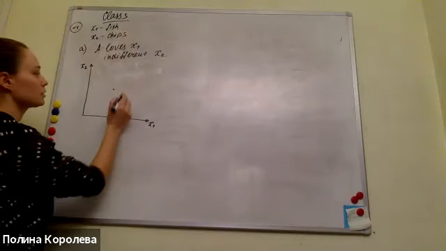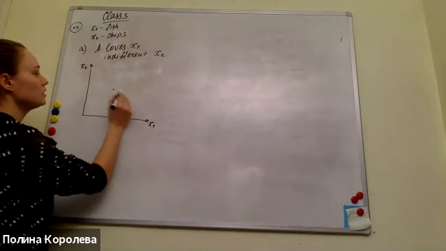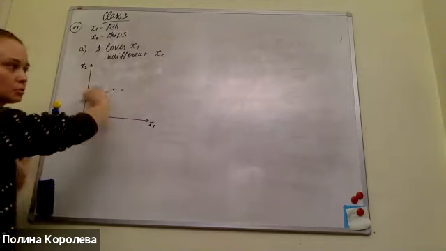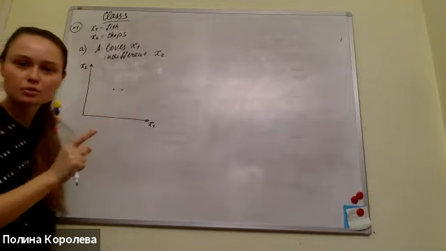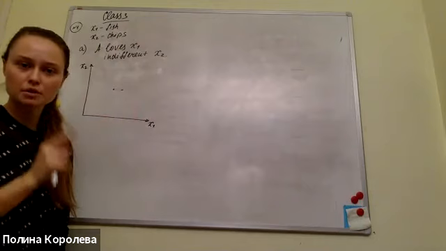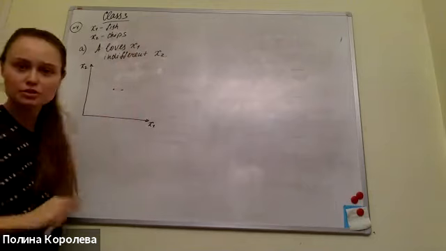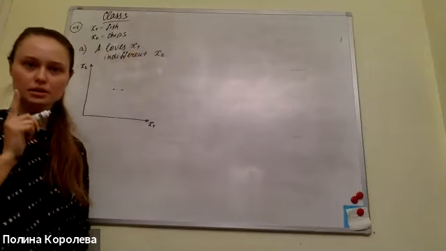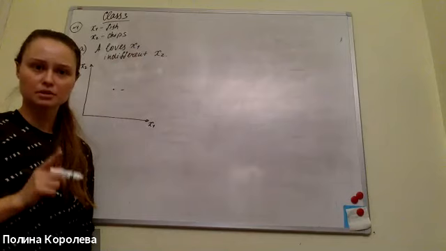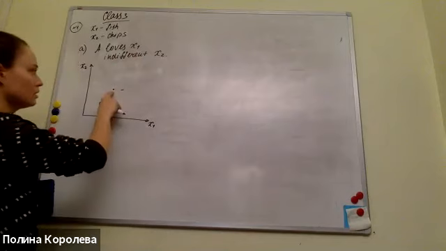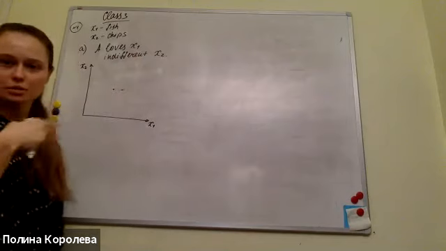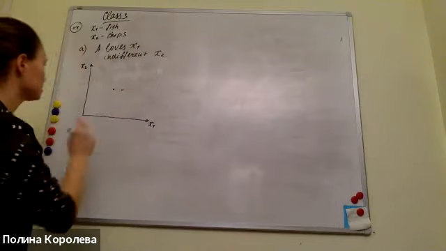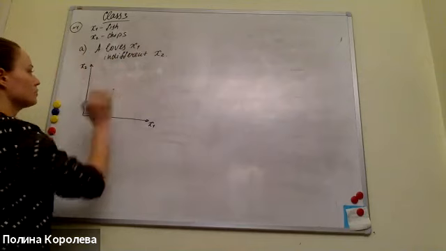So if, for example, I give Anna more fish, if I move to the right, she will be better off because she loves fish, yes? So this new point will not lie on the same indifference curve. This point to the right will give her more pleasure, so we do not take it.